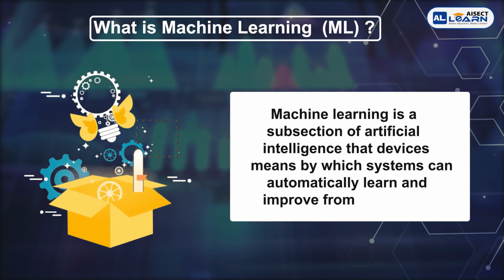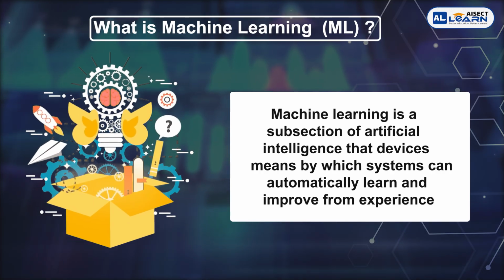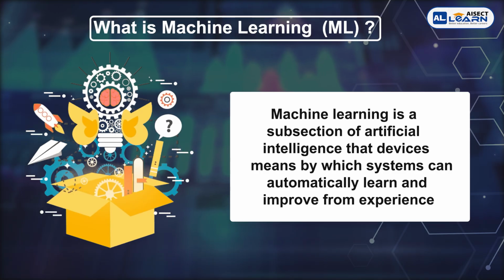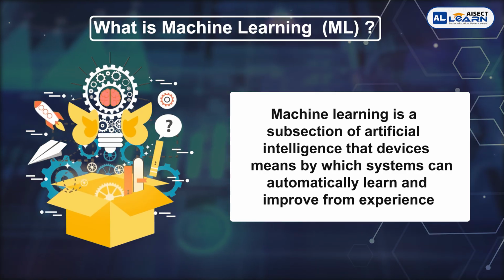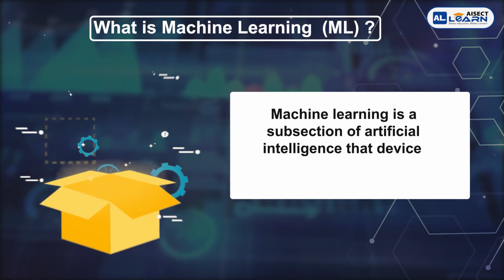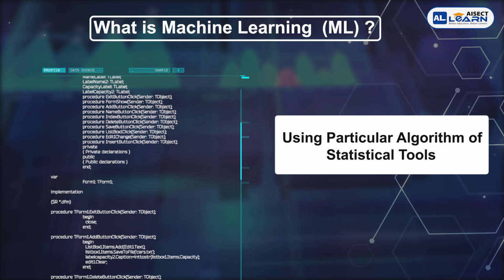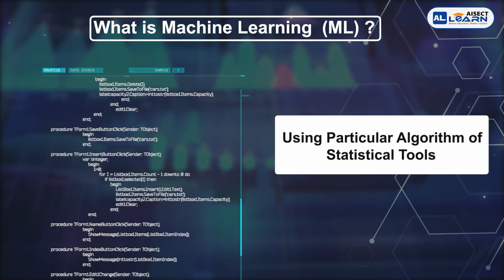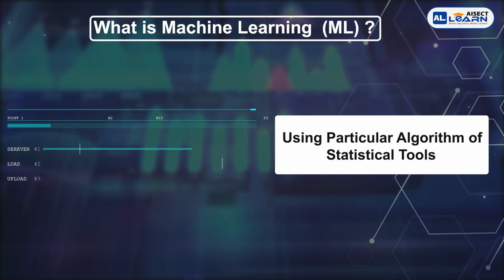So now the third term is machine learning. It is a subsection of artificial intelligence. It will train your system to think automatically. It will give you hidden patterns, trends and patterns, using particular algorithms of statistical tools. It will apply them, and the machines will think for themselves, with training and without training.